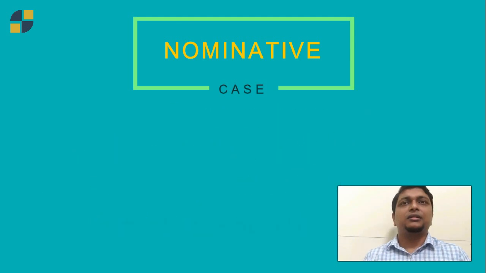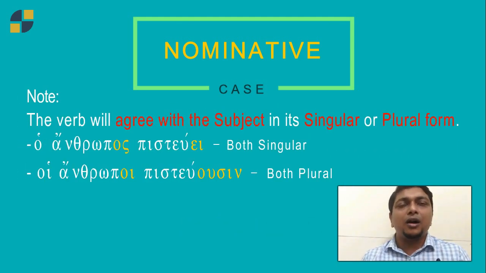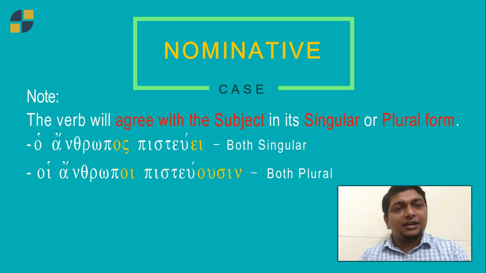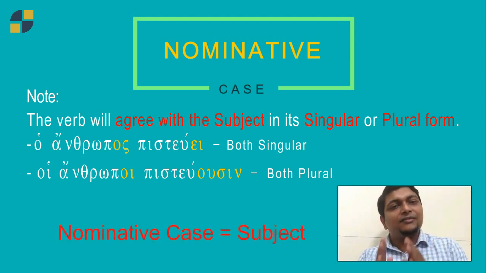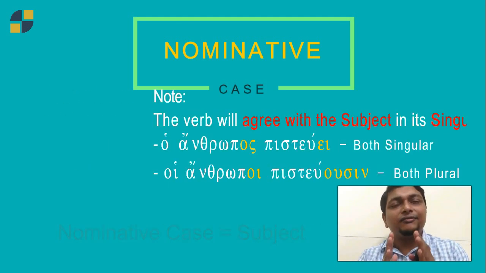Note, the verb will agree with the subject in its plural or singular form. This is one important thing that you have to learn, that the verb will agree with the nominative case noun, which is the subject, in its singular or plural form.